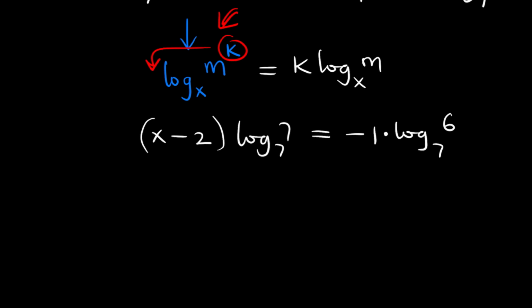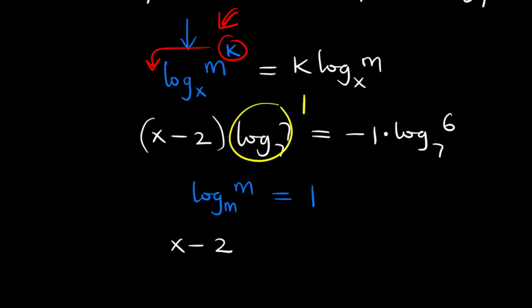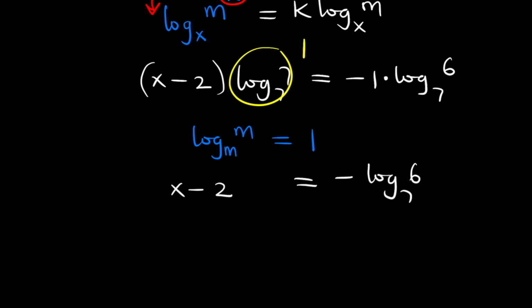And then the second law of logarithm we are going to apply is when you have log m in the same base m, then the solution is 1, meaning that log 7 base 7 here is 1. Then 1 times x minus 2 gives us x minus 2, and that is still equal to negative 1 times log 6 base 7, which is negative log 6 base 7.